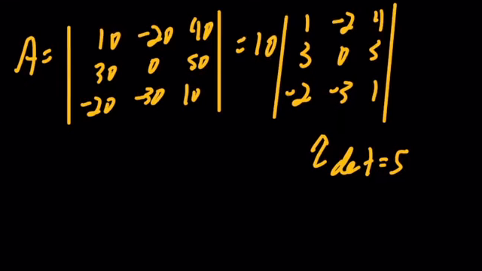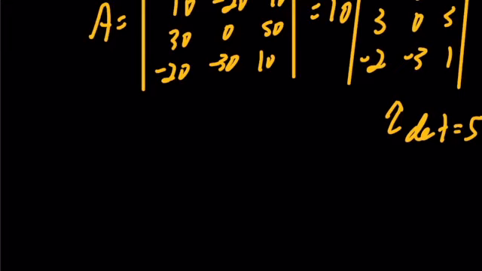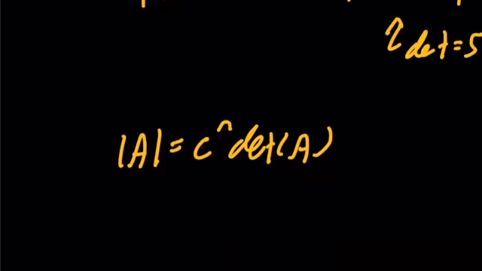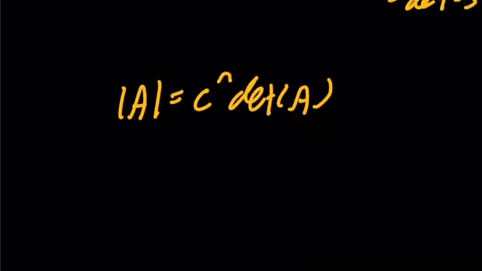So let's recall a theorem that we uncovered where the determinant of cA happens to equal c to the order n times the determinant of A. And n represents the dimensions of the matrix.